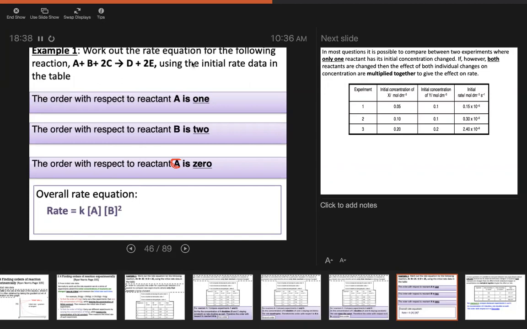You actually have this, but you omit it because anything to the power of 0 is just 1. So this shows you that the rate is only affected by reactant A and reactant B. Reactant C has no effect on the rate. That's why it doesn't appear in the rate equation.